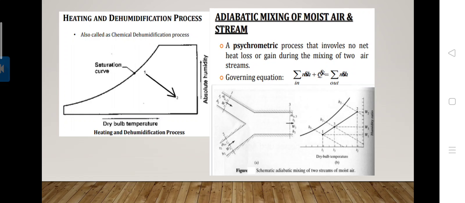The heating and dehumidification process is also shown in this psychrometric chart, where the y-axis is absolute humidity and the x-axis is dry bulb temperature, and the saturation curve is as shown here.